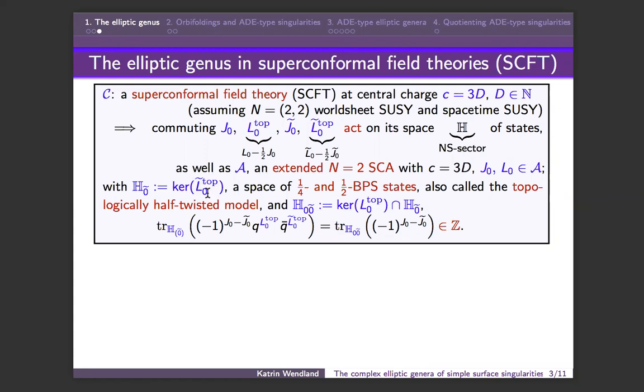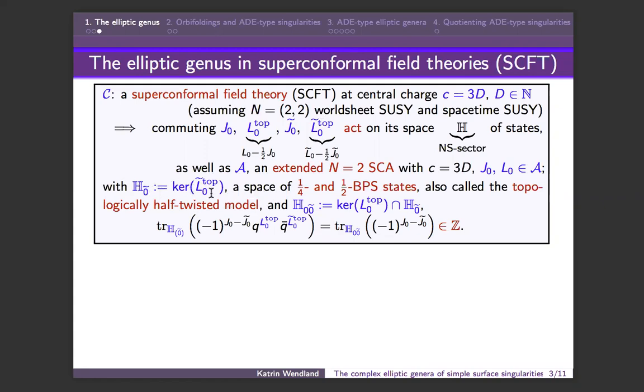Mathematically, it's just the kernel of that operator here. And in physics, it's just what is called the topologically half-twisted model. And the states in this space here are called quarter or half BPS states, depending on what all the other operators do to them.